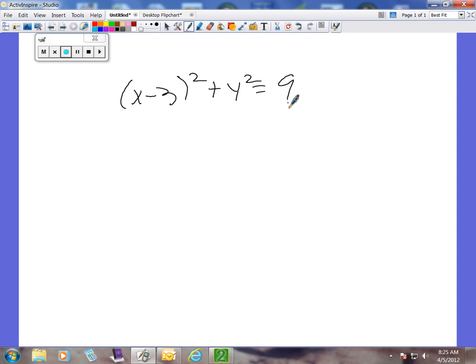Now, we want to change this to polar, so you're going to have to square this binomial first. Remember how to do that? Anybody remember the 3 steps of the shortcut? Square the first, twice the product, square the last. If you can't do that, you need to separate it into 2 parentheses and FOIL it.